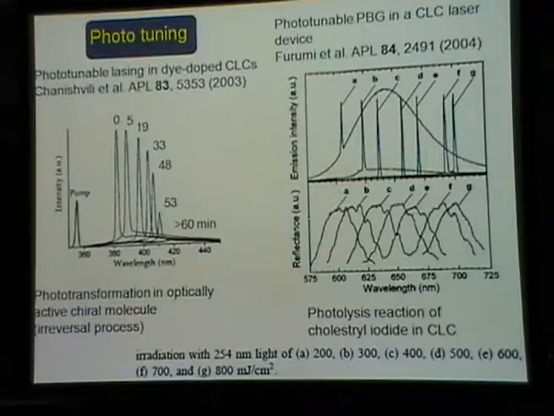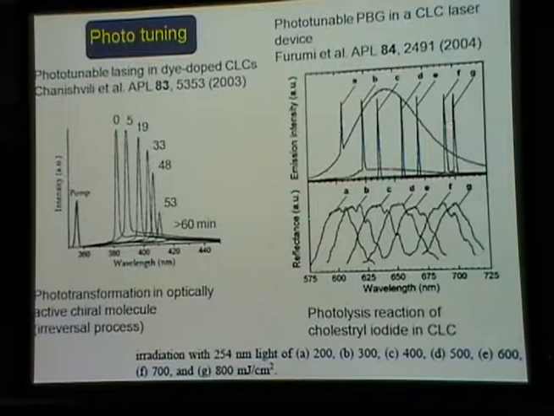And this is more interesting, by Furumi. They use the photolysis reaction of chiral iodine in cholesteric liquid crystal. In this case, the tunable range is very wide, 600 to almost 700.